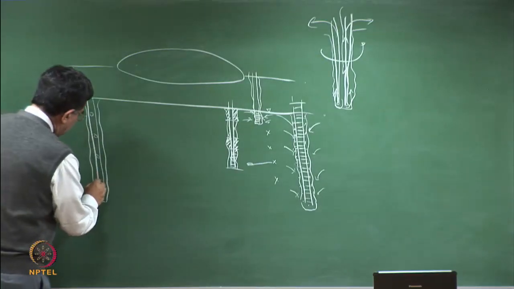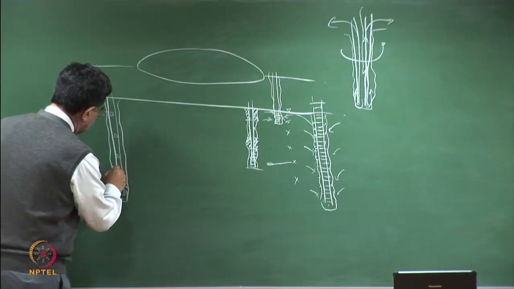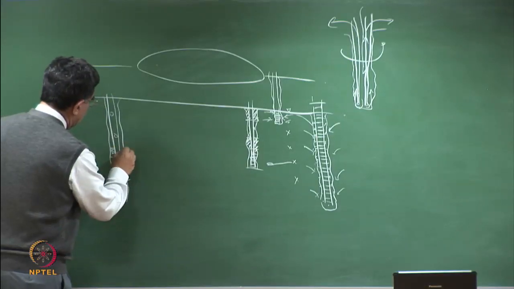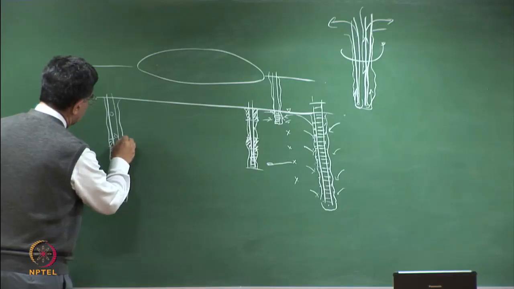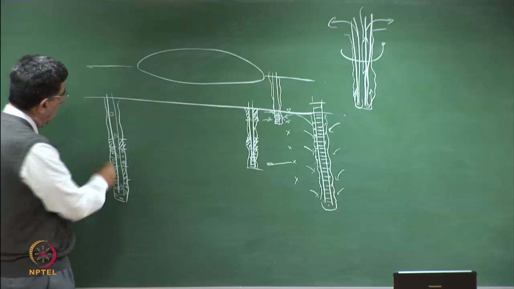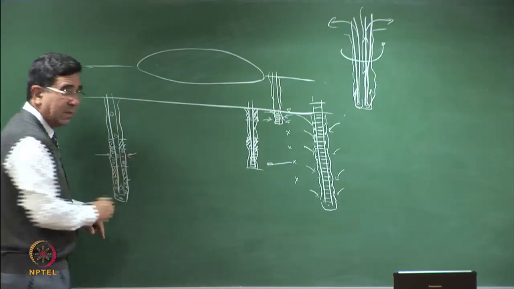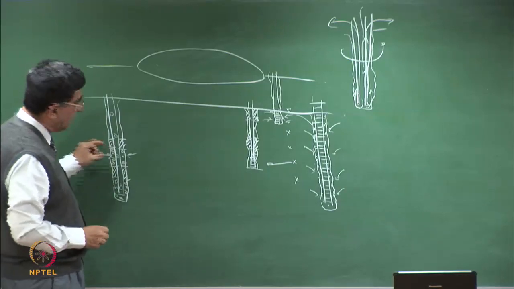That means I will put gravel pack here, and then I will seal this. Then I'll put gravel pack here, and then I'll seal this. So that when I come to this hole and take the water, water only comes from here. The top water cannot fall into this. This is the zone of your sampling.